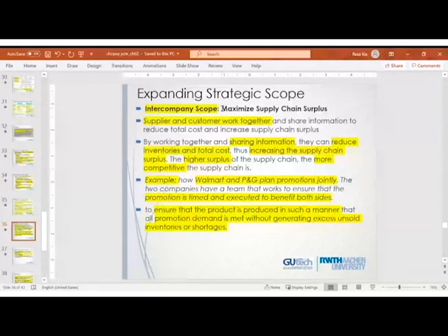But this stage could be achieved if in each cycle, the supplier and customer work together and share the information to reduce the total cost in the whole supply chain and to increase the supply chain surplus. If you remember from the cyclic view in a supply chain, in each cycle you have on one side the supplier, on the other side the customer.